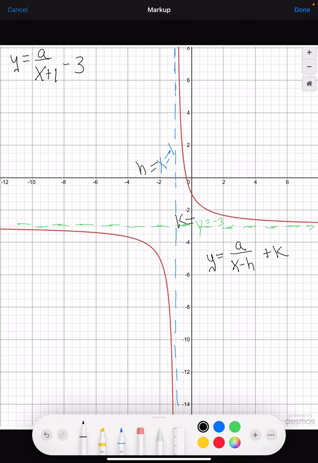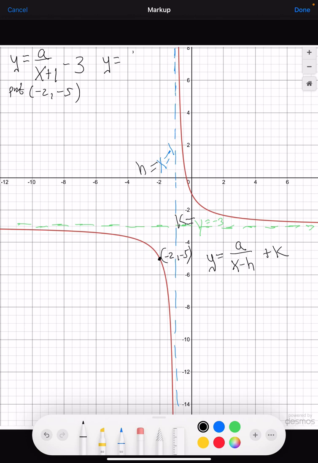And so I still have to solve for my a, so I'm going to choose a point off of my graph, something easily identifiable. So I'm going to choose this point here. I can see that is -2, -5. So I'm going to use the point -2, -5 for x and y so that I can solve for a.